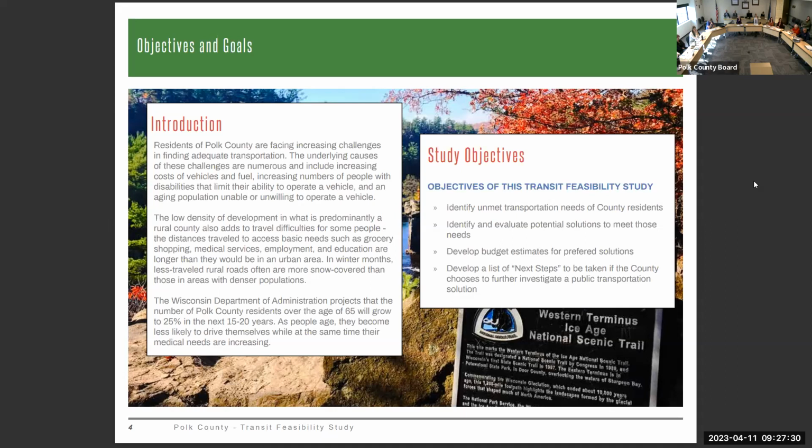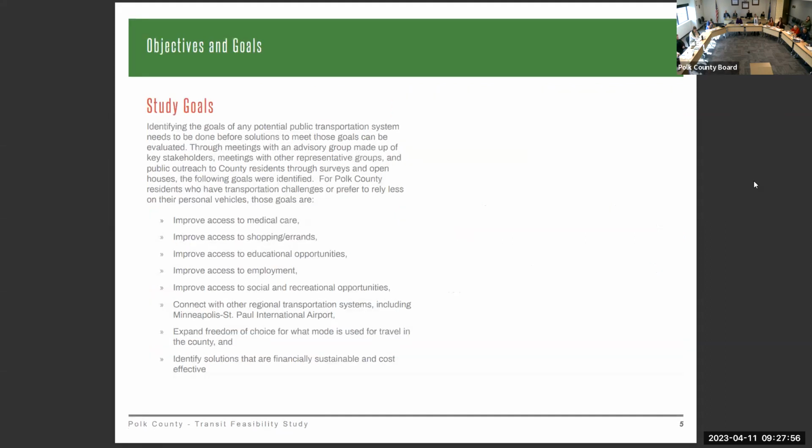And the number one reason cited by those people when they went out and touched base with them was lack of transportation. And so the people in the demographics that tend to have less reliable transportation also tend to put their medical care off and end up in emergency rooms and then not follow up with their care. And so transportation is a really important part of health outcomes as well as some other things.